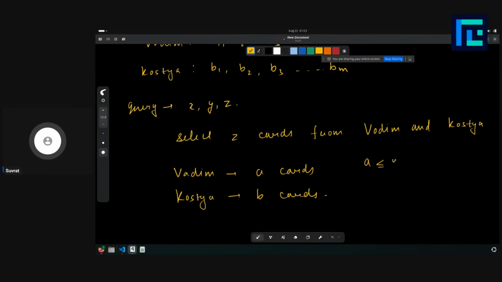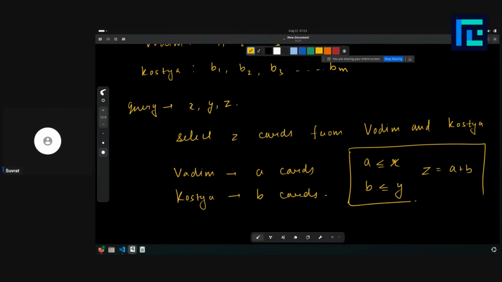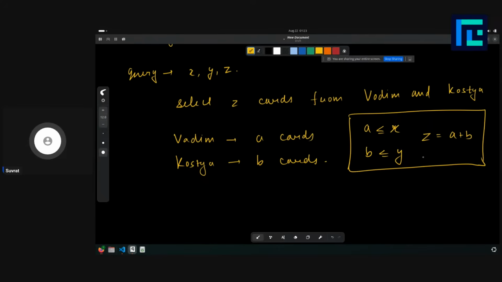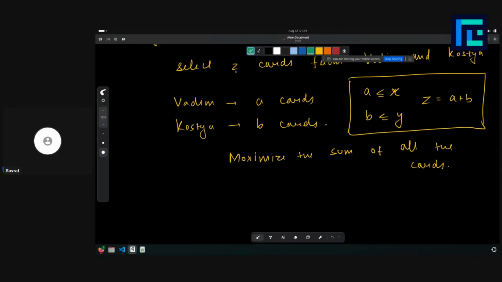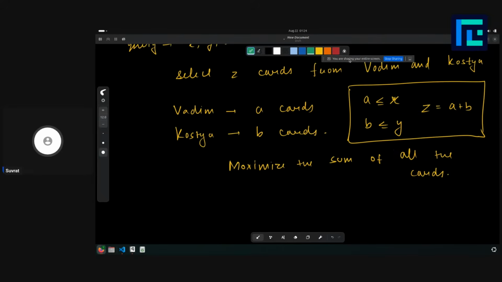A must be less than or equal to X, and B must be less than or equal to Y, and Z must be equal to A plus B. So we have these three constraints, and we need to maximize the sum of all the cards. So let's try to solve the question, because the test case I don't think would help much right now.